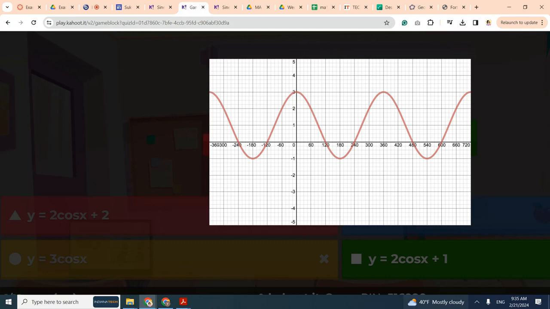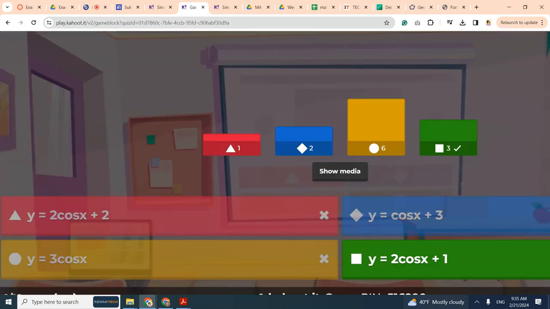What's the period? 360 degrees. So you know the equation A cosine bx plus c plus d. Here the amplitude is 2. And because it starts with the highest point, the cosine didn't shift. And the period is 2 pi, so the b is just 1, okay? And it does not shift horizontally. And the midline is 1, so it shifts up. Therefore, this is the equation.